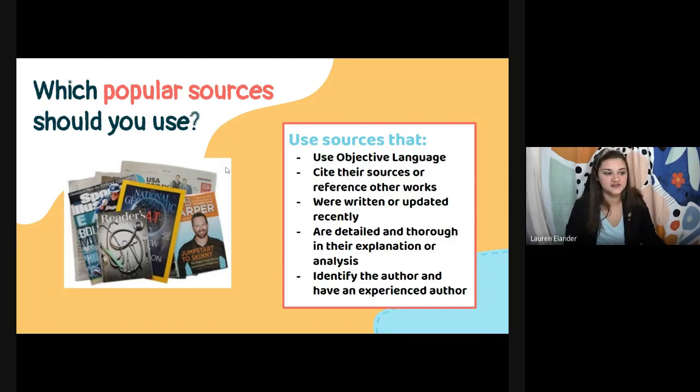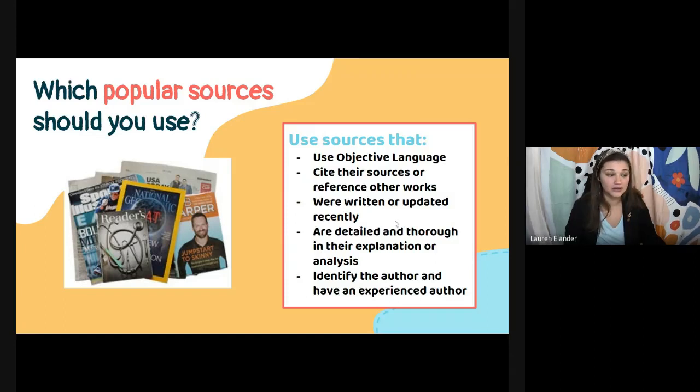So when we're looking at these, we want to start out by seeing which sources use objective language instead of emotion language, personal language, or opinionated language. They're also going to cite their sources and reference other works when they can. A lot of popular sources do this even if they don't have a full works cited page like secondary or scholarly sources do.